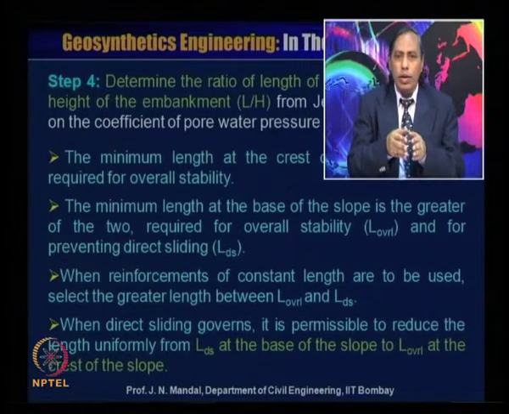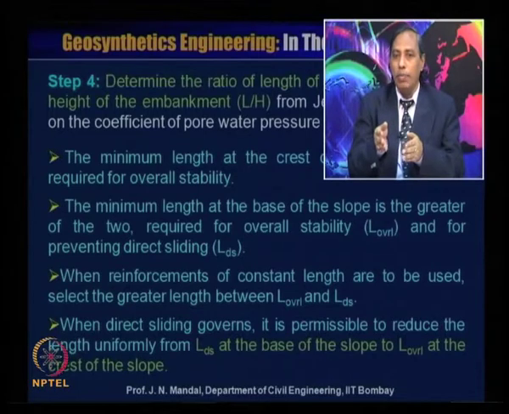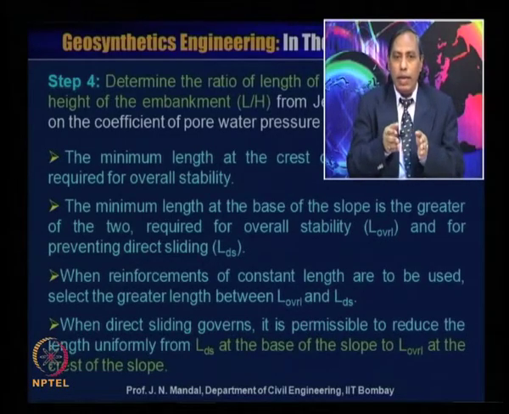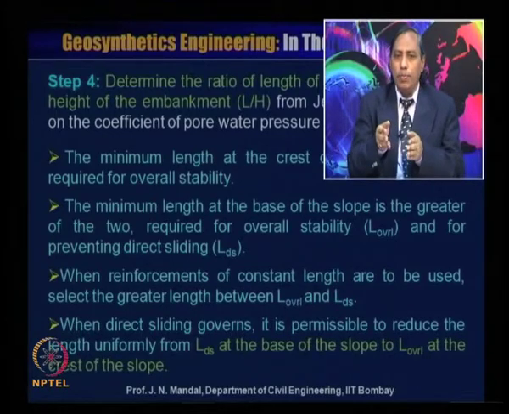When reinforcement of constant length is to be used, select the greater length between L overturning and L direct sliding. When direct sliding governs, it is permissible to reduce the length uniformly from the length due to direct sliding, LDS, at the base of the slope to L overturning, L overall, at the crest of the slope.